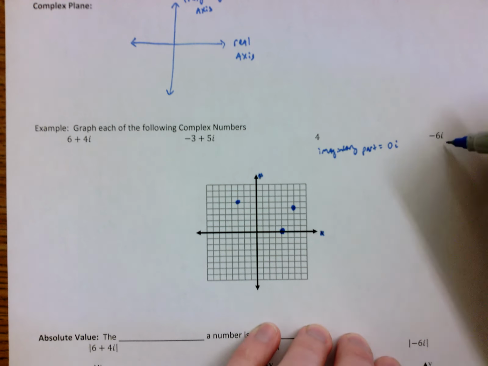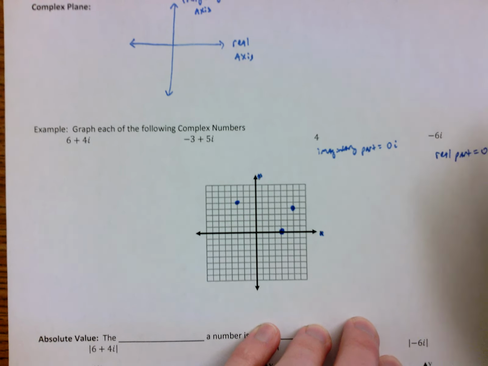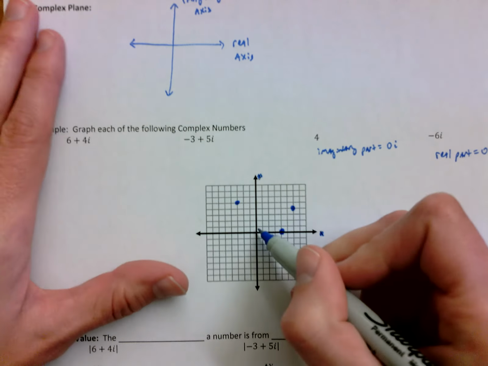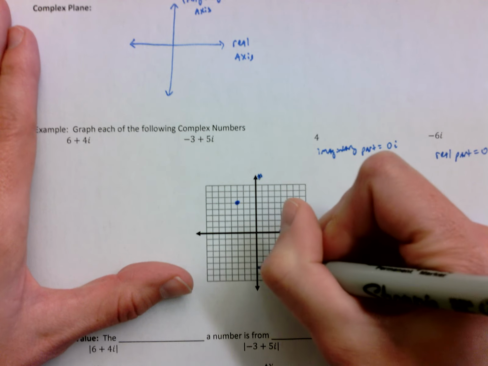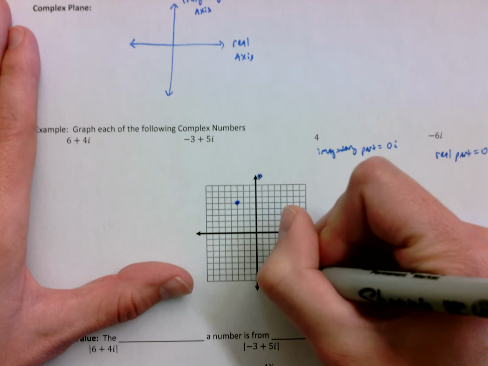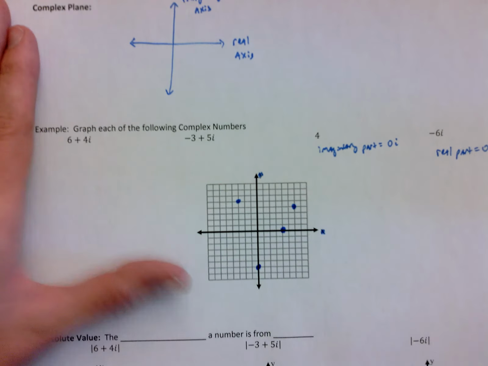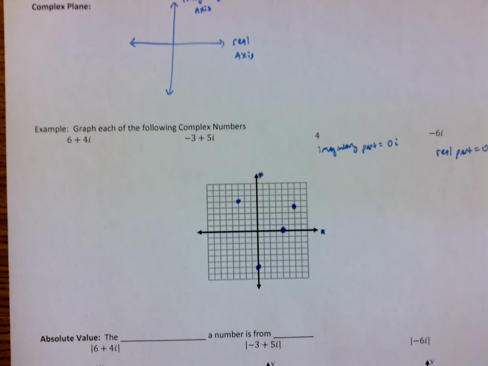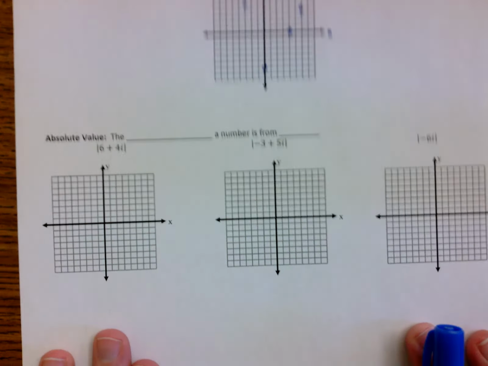And then this guy, my real part is missing. So my real part must just be 0. So I'm going to 0 on the real axis and -6 on the imaginary axis. So there it is. Like I told you, refreshingly easy. Okay, so that's how you plot complex numbers. Love it.